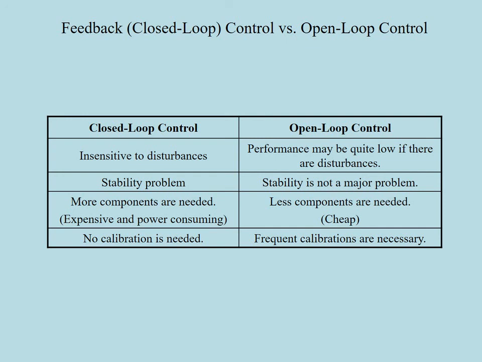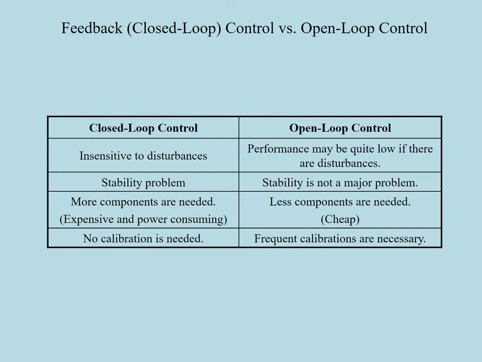Under open-loop control, stability is not considered as a problem, since open-loop control cannot affect the stability of a dynamic system. Also, the closed-loop control systems would require more components, as one would need extra devices to implement the feedback path. That means they are expected to be more expensive and power-consuming as compared to open-loop controls.